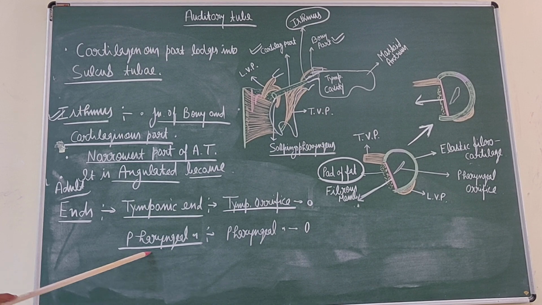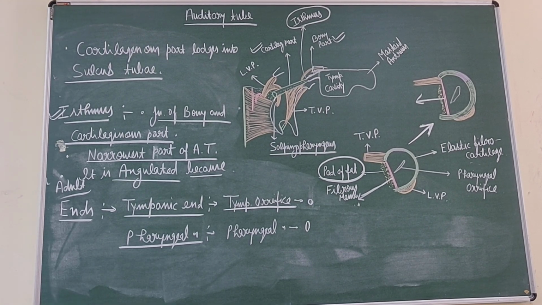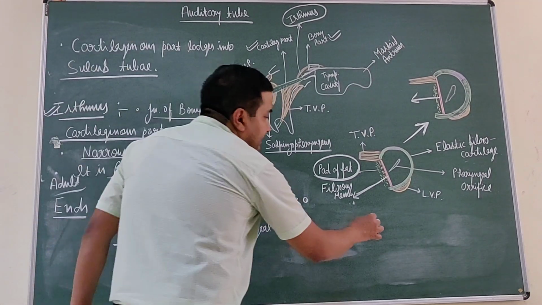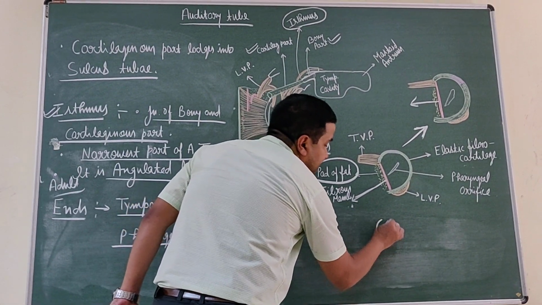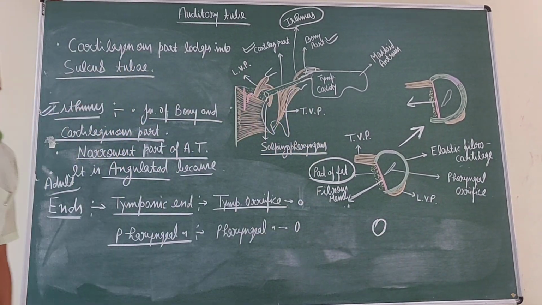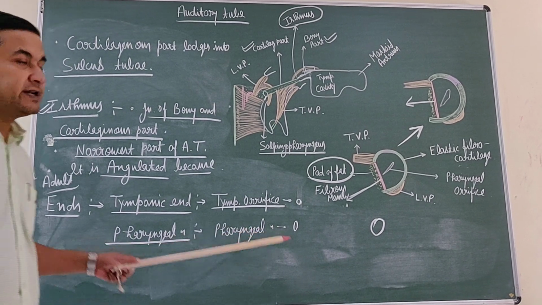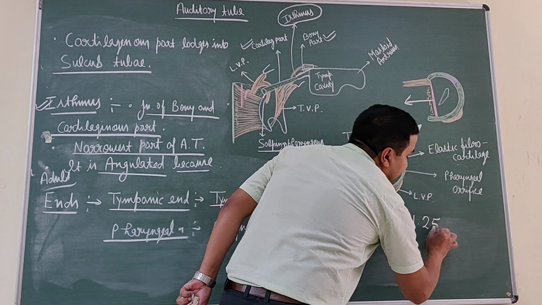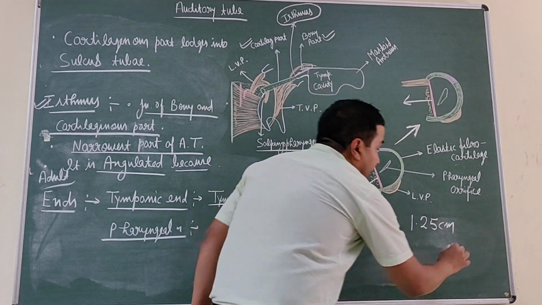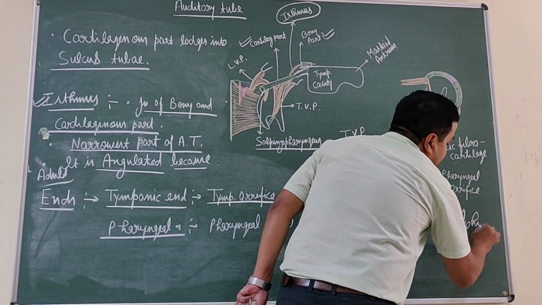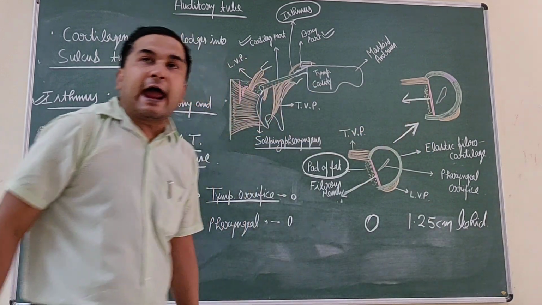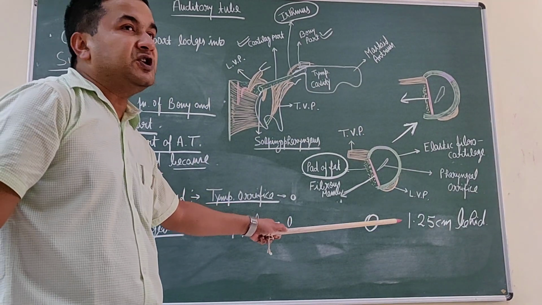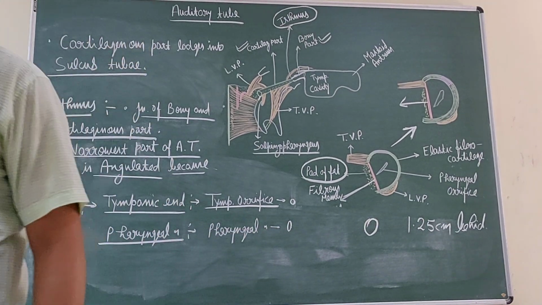that is towards the lateral wall of the nasopharynx. Remember the lateral wall of the nasopharynx. It is situated about 1.25 centimeter behind and slightly below the posterior end of the inferior nasal concha.